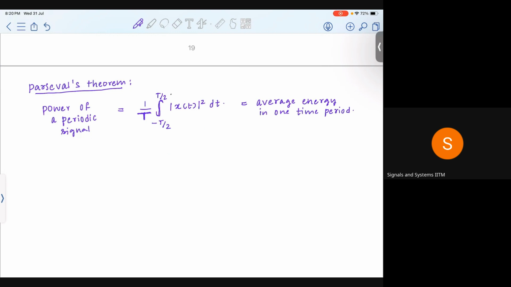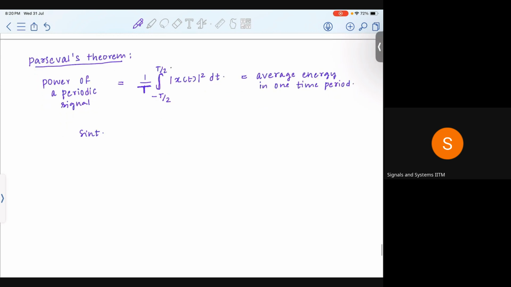So earlier, how were we doing this? Suppose you are given a periodic signal sine t, how do you calculate the power? You find the time period of the signal. This can be written as sine t, 2 pi f is 1, which implies f is 1 over 2 pi, which also implies T is 2 pi.